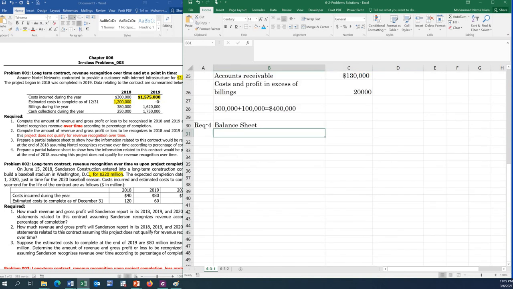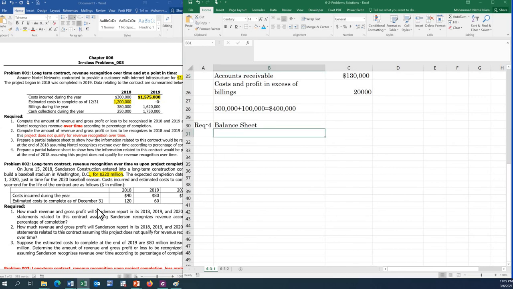Okay, and come to the balance sheet: prepare a partial balance sheet to show how the information related to this contract would be presented at the end of 2018 if the project doesn't qualify for revenue recognition over time.